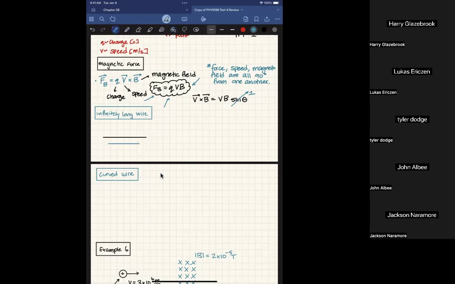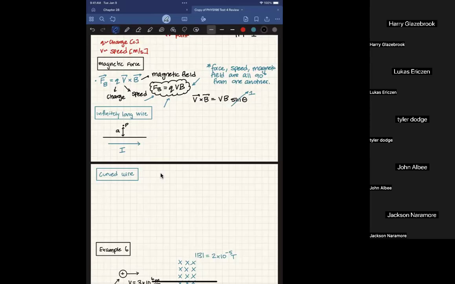And again, all current is moving charge, and wherever we have moving charge, we have a magnetic field. Let's call the current I, and I want to find the magnetic field at point P above it, where the distance between the wire and that point P is A.